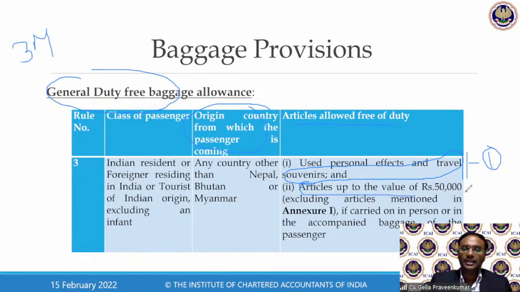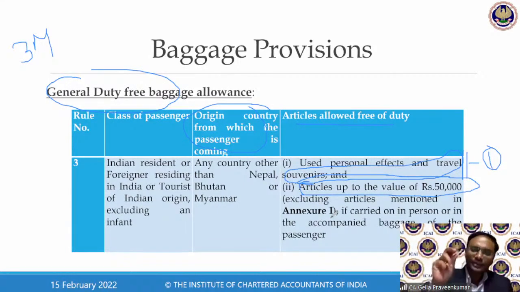Now, Sumit, your point comes here. Article, gift. When I come back to India, anything other than personal effects and travel souvenirs is called a gift. So I'm getting 1 kg of chocolates. Is it a souvenir? It is not a souvenir. It is a gift, which is called your article. I get a small piece of laughing Buddha, a small elephant made of granite.